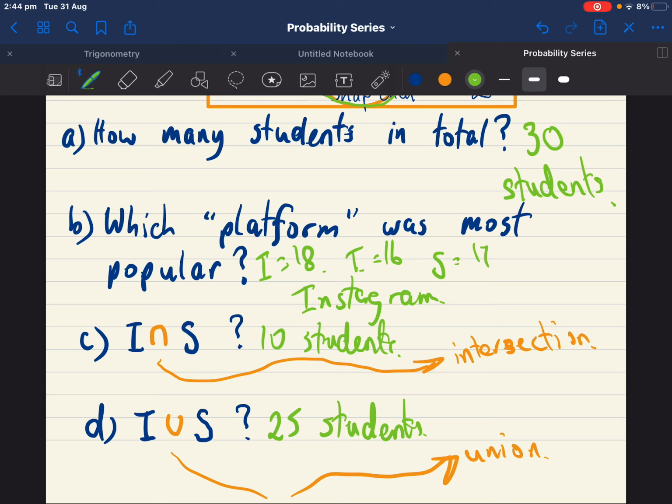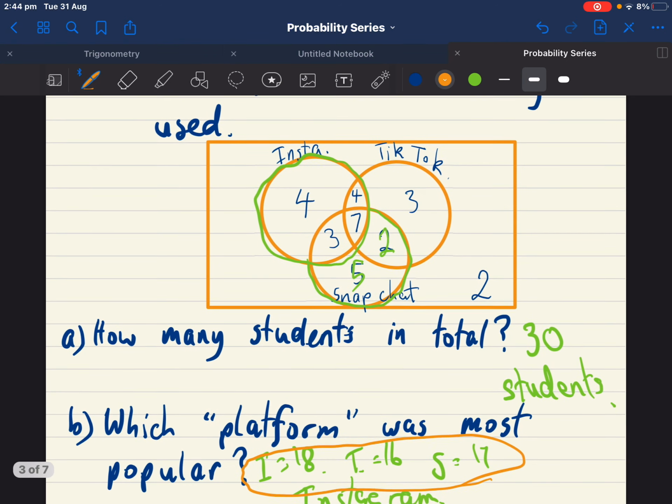Some people go a little crazy with the union and they say, like you may notice back up here for part B, we calculated how many students were using Instagram and how many people were using Snapchat. And they say, oh, well, if you want to know how many students were using Instagram or Snapchat, you just add the 18 and the 17 together, right? And you get the total. What is the problem with doing that?